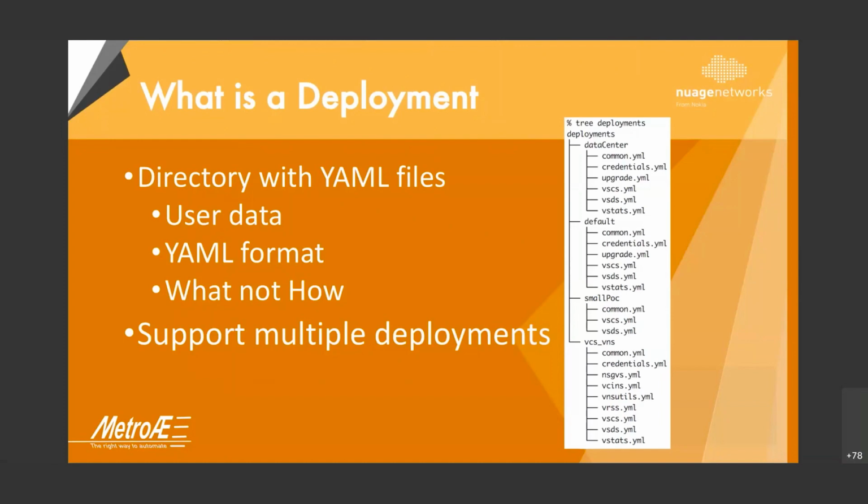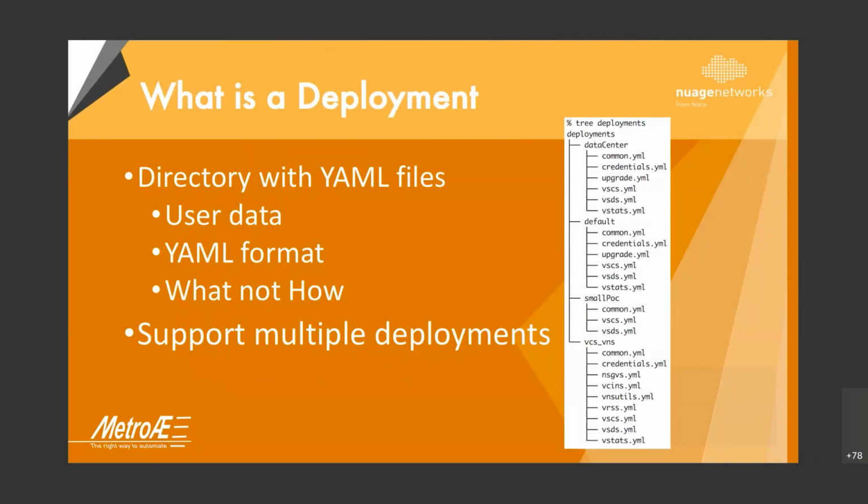So for example, in the data center deployment at the top, you see that there's a common.yaml. Well, that's a set of parameters that are common across all different types of operations, whether it's an install or an upgrade or a health check. Credentials, that's where I put all of the information about logins and stuff.